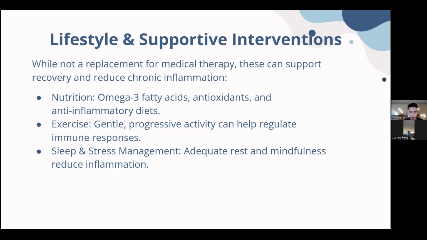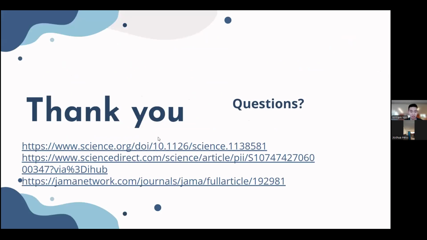But if we're not exercising, then all of this extra energy is used on immune cells to attack something, which increases inflammation. If we exercise, that takes away our energy reserve from the inflammation, so we will have less inflammation in our body. And last but not least, sleep and stress management is also very important. So that's all the presentation I have, and thank you for listening.